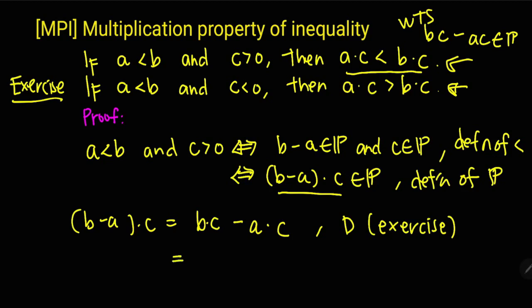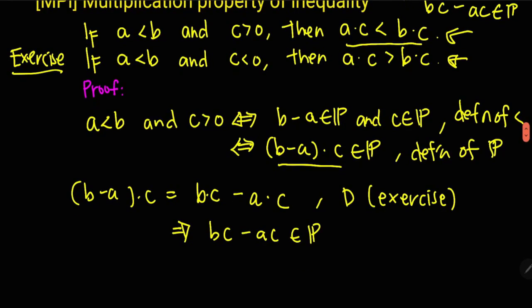So now we have that BC minus AC is positive. But that's what we want to show. We want to show that BC minus AC is positive because that's equivalently saying AC is less than BC. So we are done.